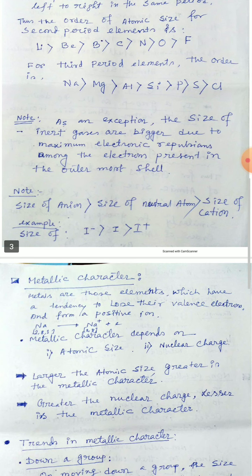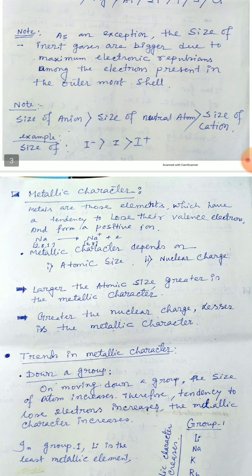Note, you have to remember one point: size of anion is always greater than size of neutral atom, and size of neutral atom is always greater than size of cation, because anions form by accepting electrons, and cations are formed by releasing electrons. After releasing one electron, atomic size will decrease, and after gaining one electron, atomic size will increase.